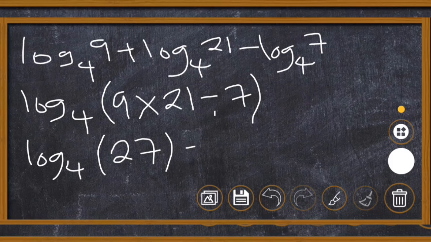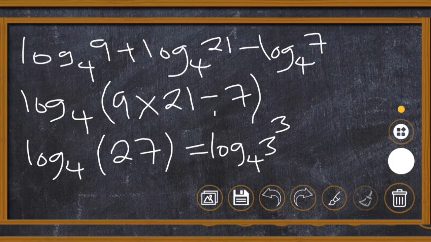Okay, in this case we can simplify this further, because we know 27 is a perfect cube. So we are going to have log base 4, and then 27 is the same as 3 raised to power 3, because 3 raised to power 3 is 27. Let's simplify this further.